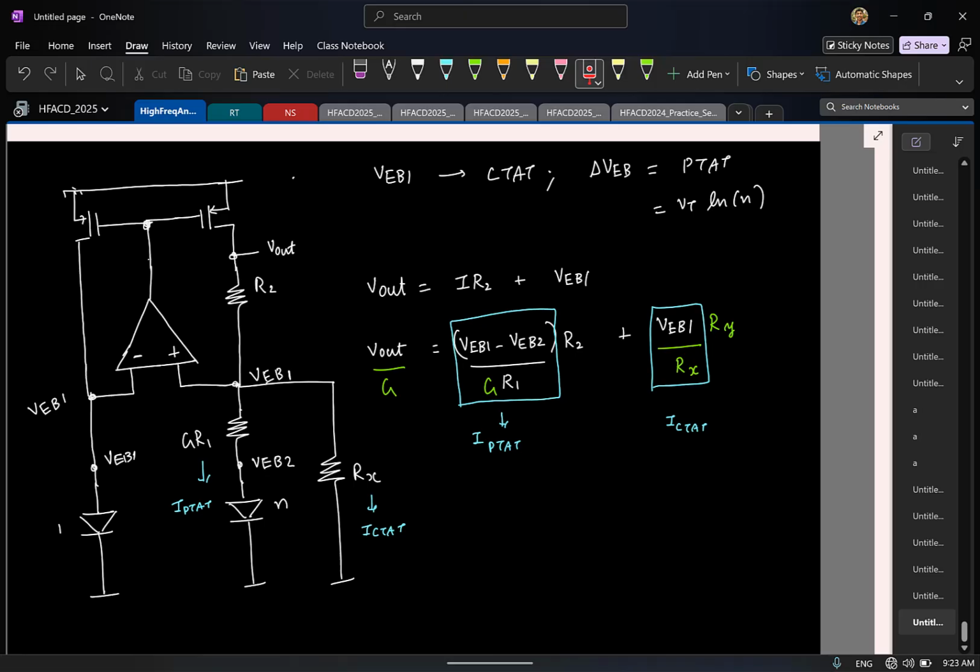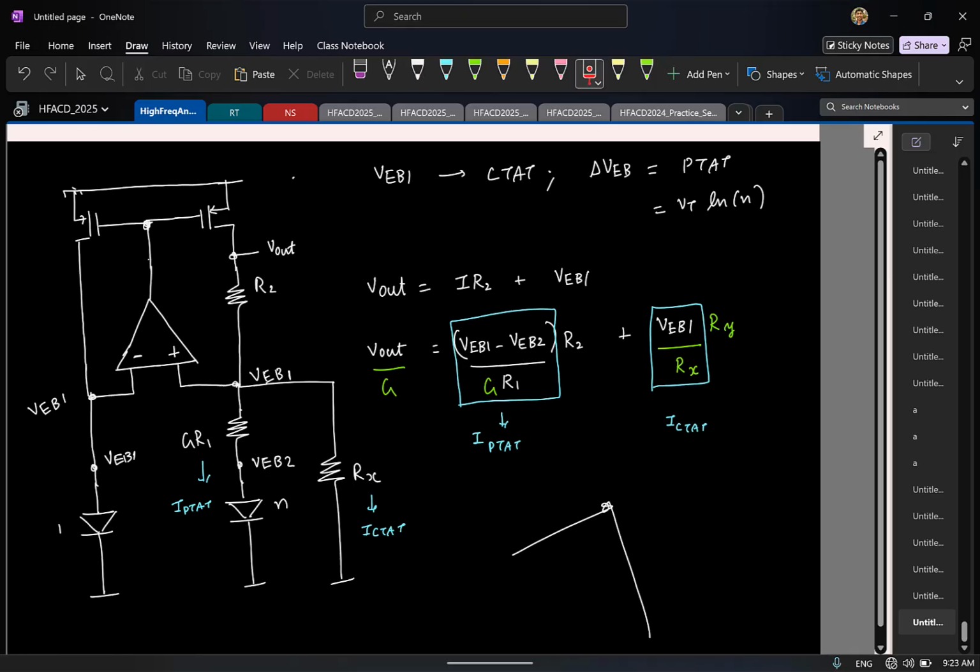Now in circuits, do you think adding voltages is easy or adding currents is easy? Voltage or current? Huh? Why not voltage? How do you add currents? Yeah, just join two wires. KCL will ensure that the current is summed up. So this is the simplest thing to do.